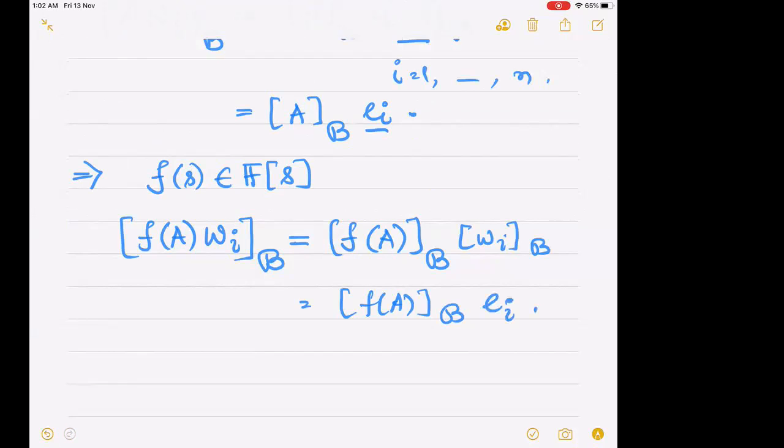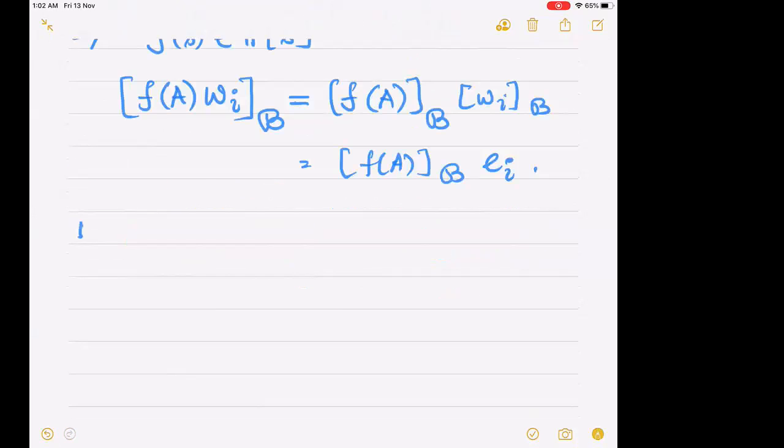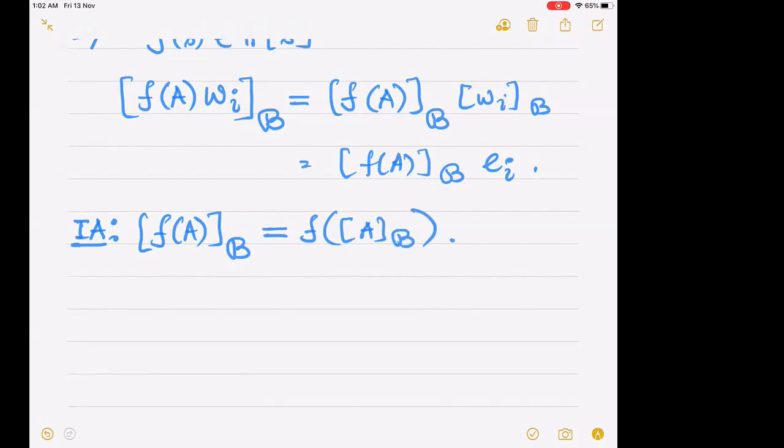Right? Now this goes to you as a homework. In fact, it's an immediate problem. Show that f(A)'s representation in B is nothing but f of A's representation in B. Right? Do this. It's very simple. Just need some working out, and that's it.